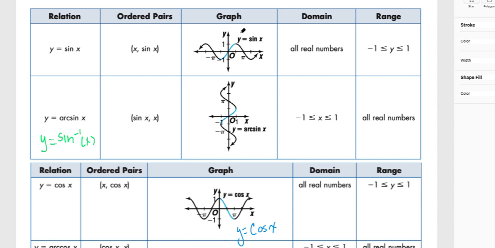And so what I want you to see here is this highlighted part that's in blue. It goes from -pi/2 to pi/2, and that's the part that we really talk about inversing when we use a calculator or when we really consider the inverse function.